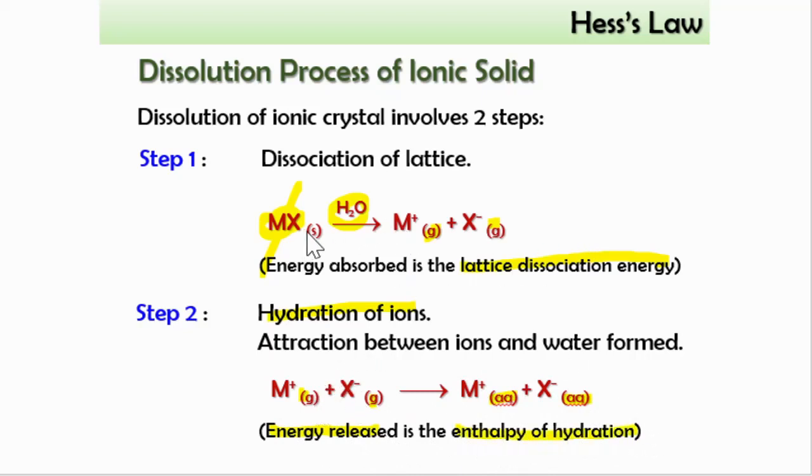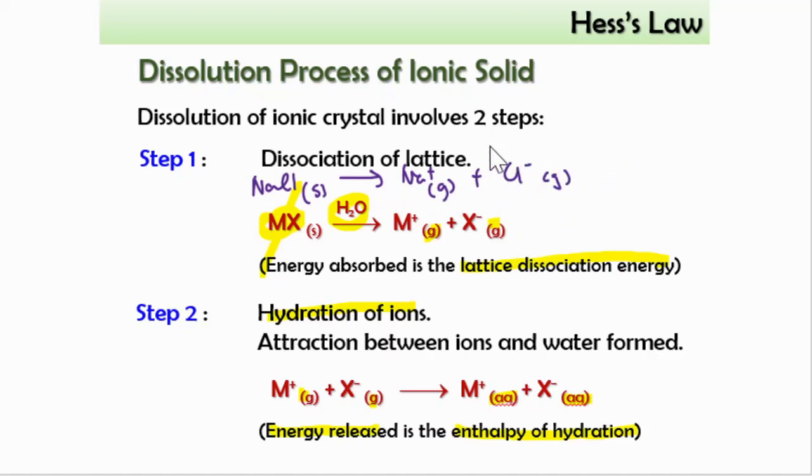Ini mula-mula dia daripada ionic solid. Contoh, kita bagi contoh lah. Ini NaCl in solid, ionic solid, and then it dissociates to form Na+ gaseous ion plus Cl- gaseous ion.